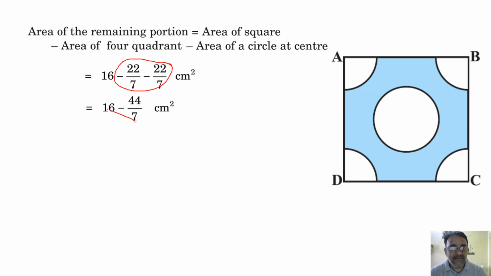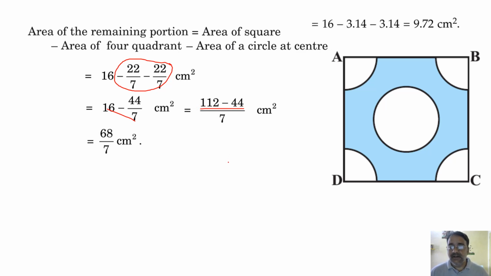Now take LCM, 112 minus 44 by 7. So we'll get 68 by 7 centimeter square. Approximately, if the question gives 3.14, then 3.14 plus 3.14 it will be 6.28. If you subtract, you will get 9.72.